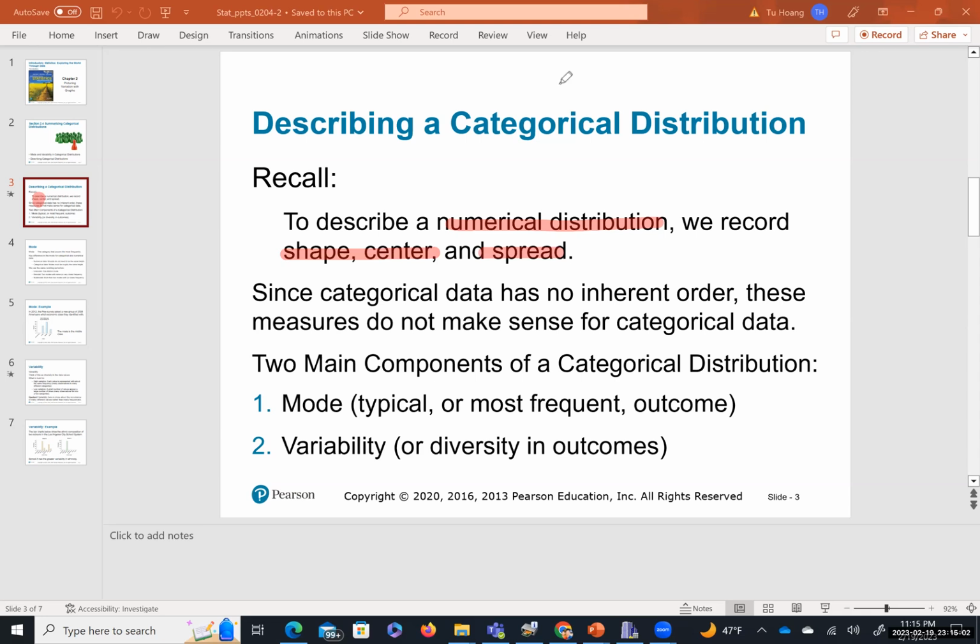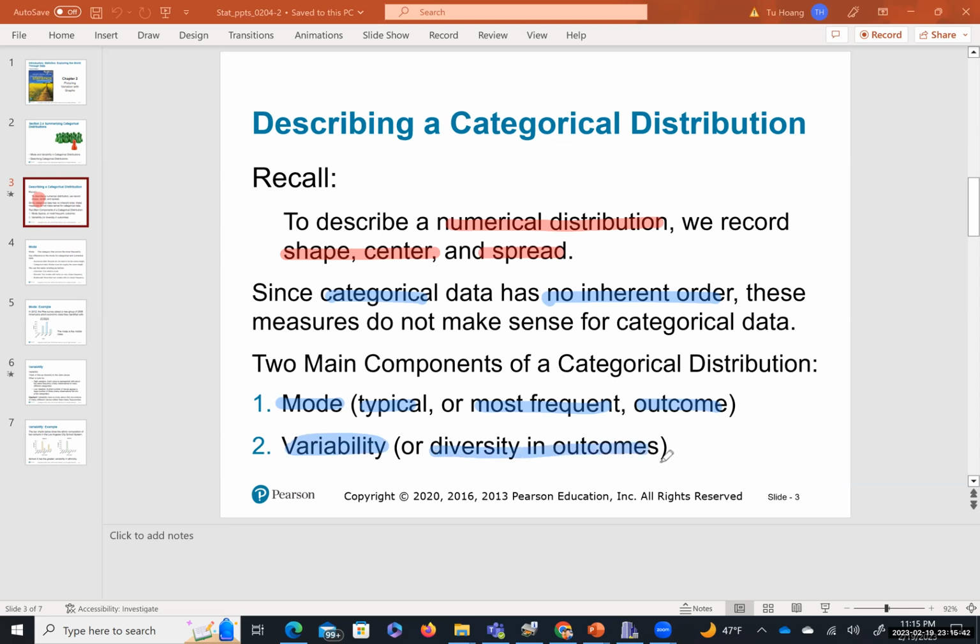Since categorical data has no inherent order, these measures do not make sense for categorical data. Then we have two main components of a categorical distribution. The first one is the mode, which is the typical or most frequent outcome of the categorical data. And the second one is variability, or the diversity in outcomes.